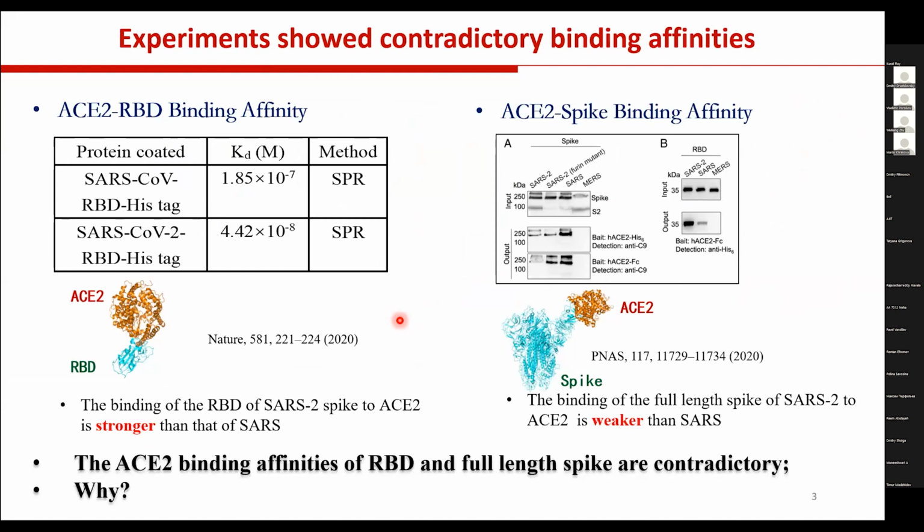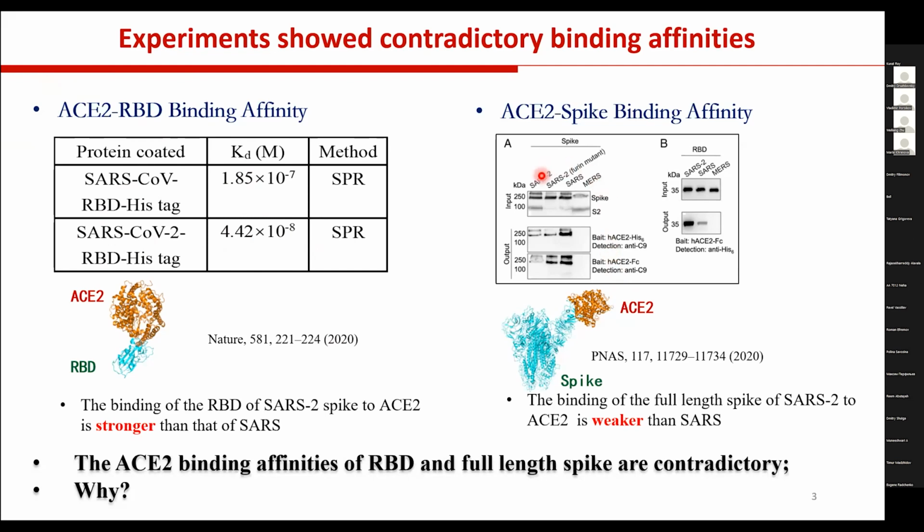Back in early 2020, there were two experimental studies. One showed that the binding affinity between SARS-2 RBD and ACE2 is stronger than the binding affinity between SARS RBD and ACE2.